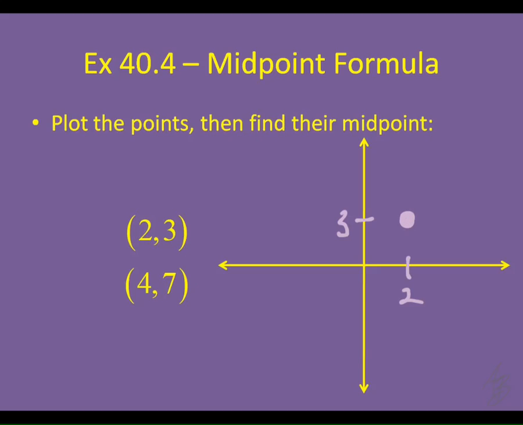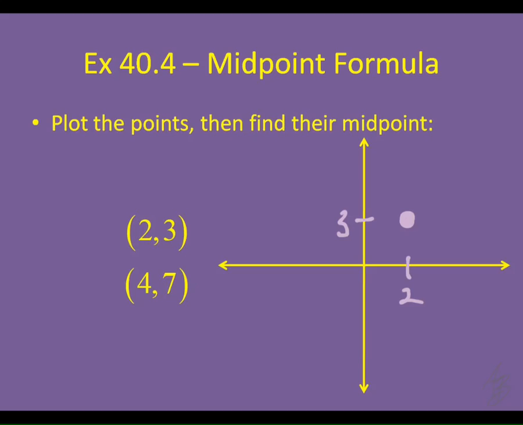Now, just a quick refresher, how do I know that point goes there? I know we haven't talked about it yet in this class. It is something that I expect you to know from your past experiences, but just in case, how do I know where the point 2, 3 goes? What does the 2 tell me?